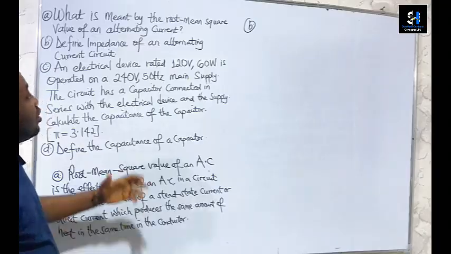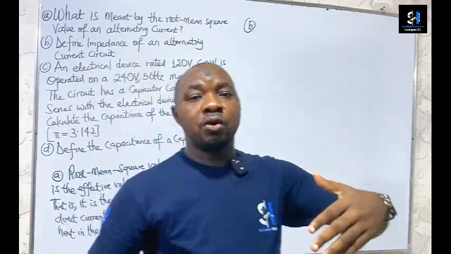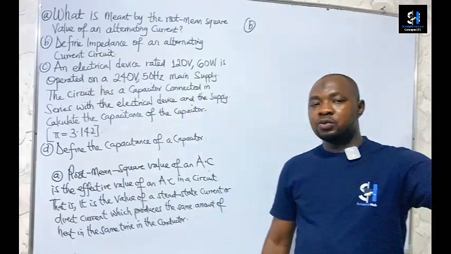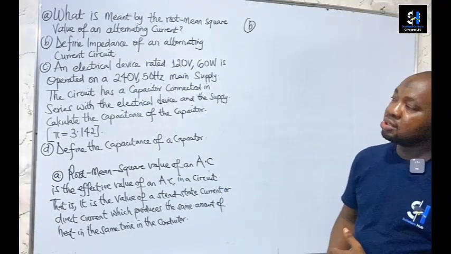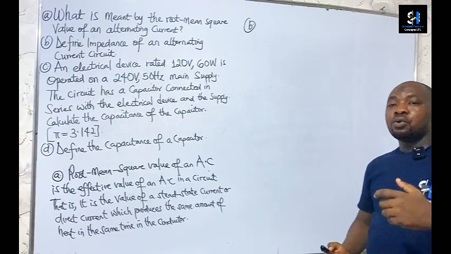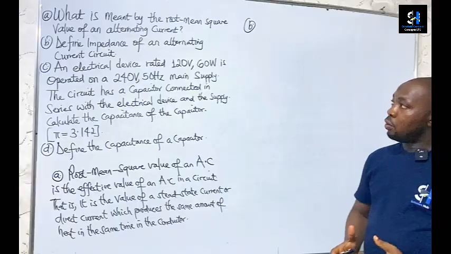We can also define impedance in terms of measurement as the ratio of peak value of voltage to the peak value of current in an AC circuit, or the ratio of RMS value of voltage to the RMS value of current.